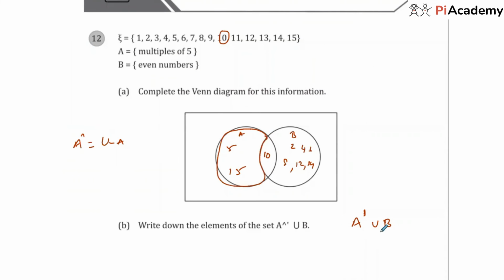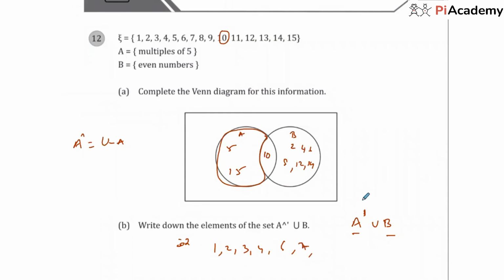And then union B. So you will get 2, 4, 6. Okay, you get A dash union B. So it is U minus A: 1, 2, 3, 4, 6, 7.